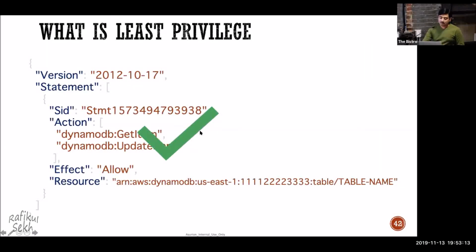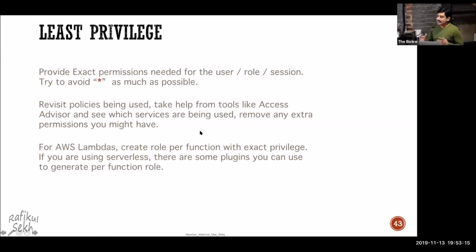So if we specify that exact resource and exact permission, we will achieve least privilege. And also in some cases, if we need to give a particular condition, that will also help us. So never give any star. There will be some possibility that you need star, but try to avoid it as much as possible.